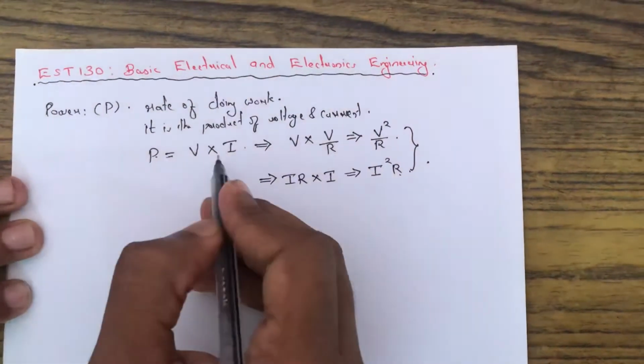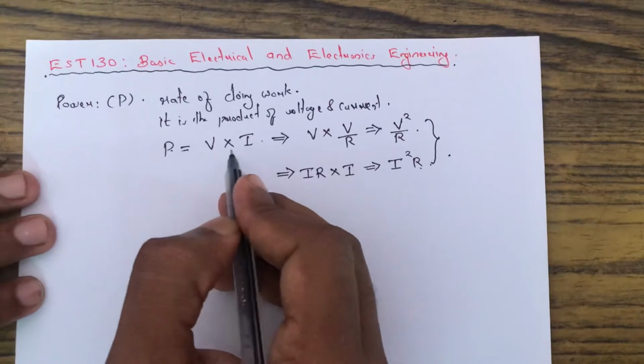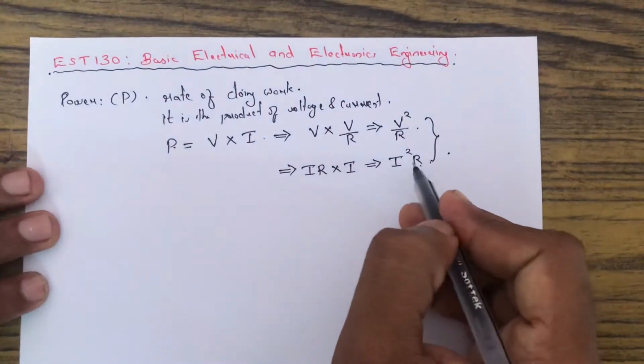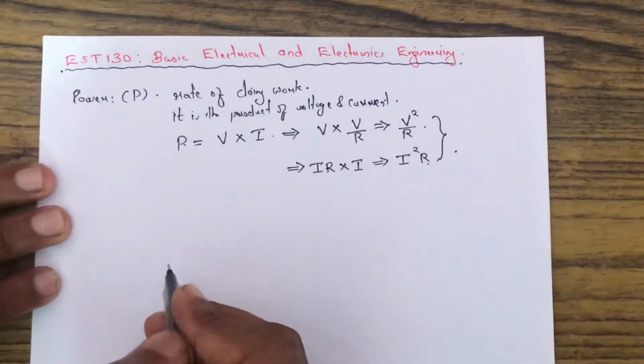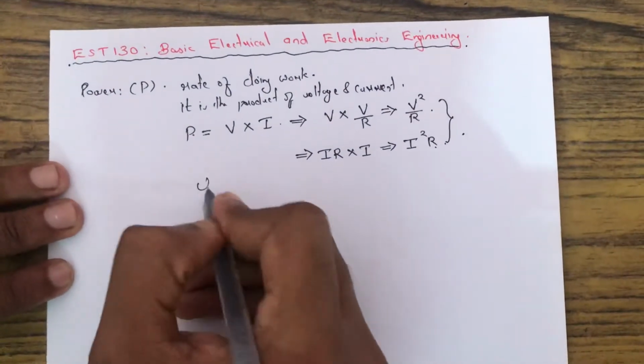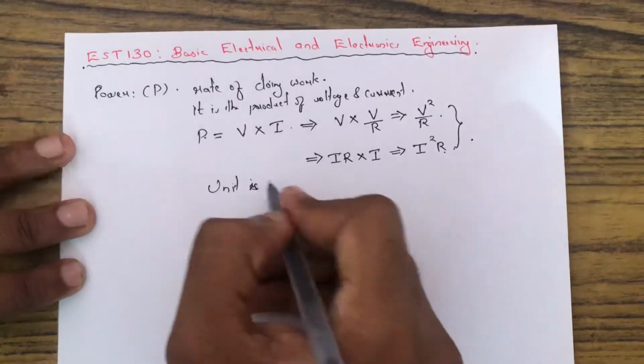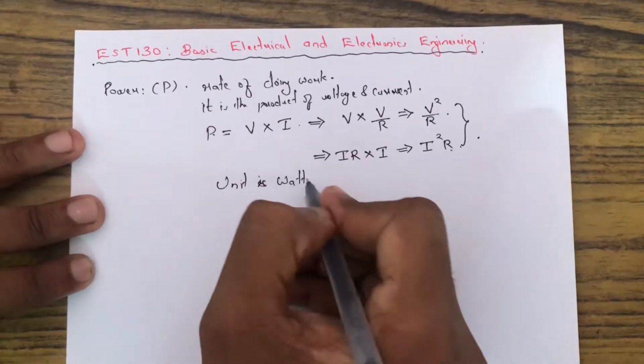Power is the product of voltage and current, V into I. It is also equal to V square by R or I square R, and the unit of electrical power is watts.